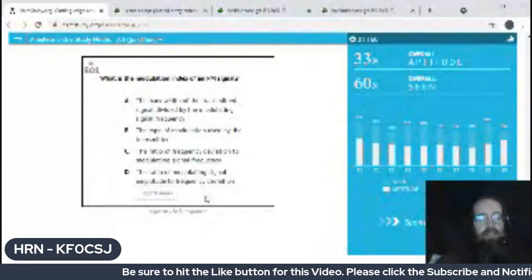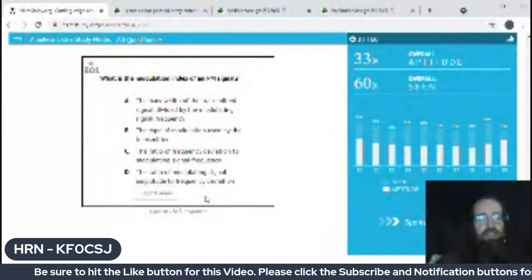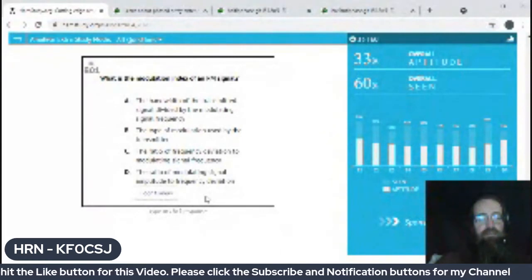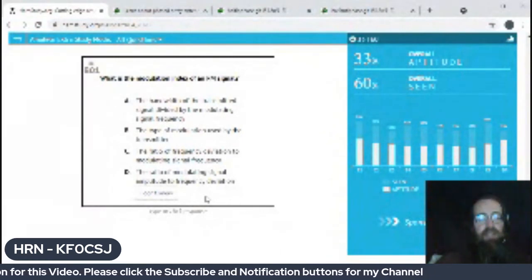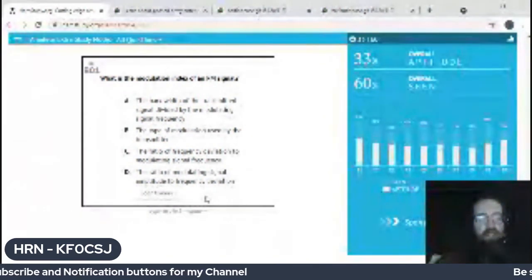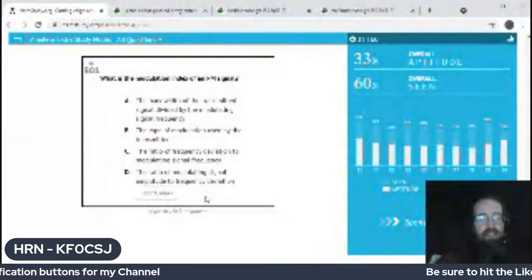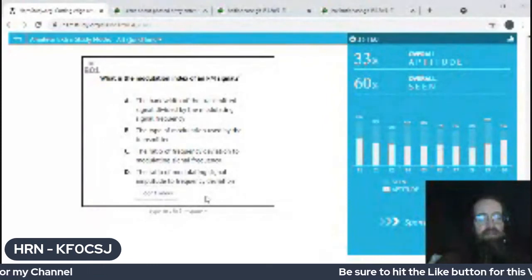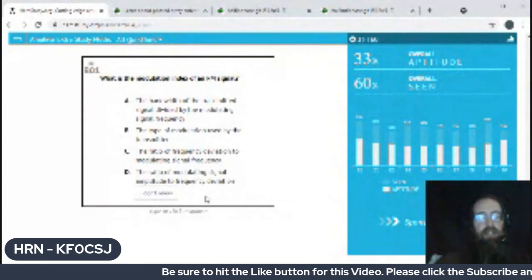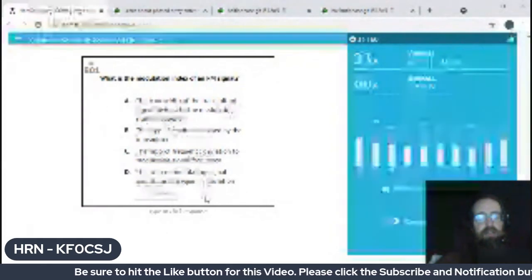C, the ratio of the frequency deviation to the modulating signal frequency. D, the ratio of the modulating signal amplitude to the frequency deviation.